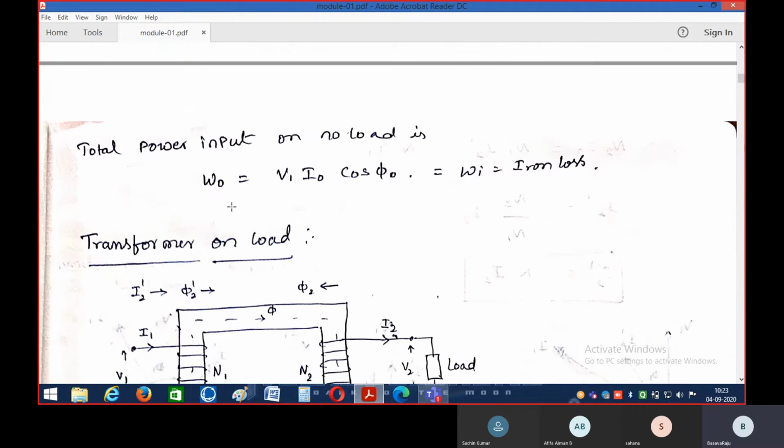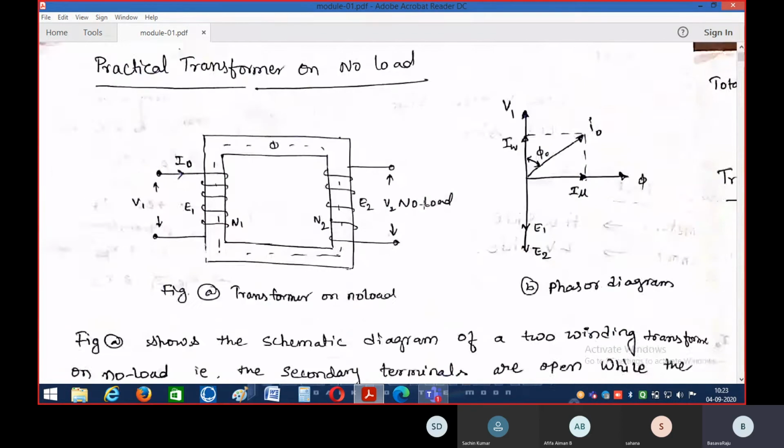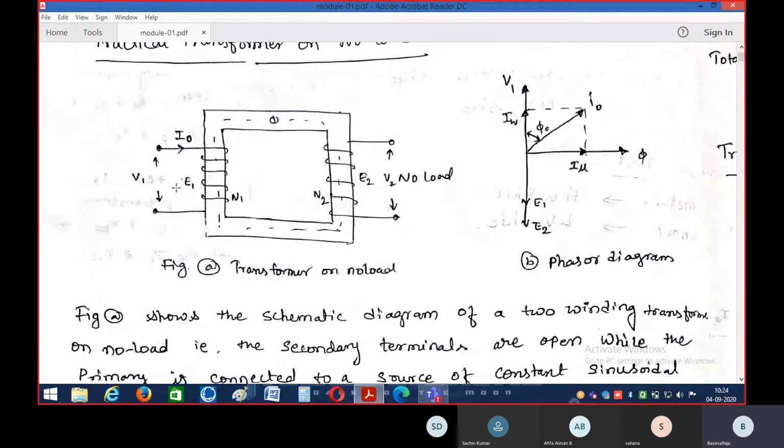Okay. And if you want to calculate the power input during this no load condition, it will be very clear from this diagram. I want to calculate the power input given to the transformer. This is equivalent to V1 into I naught into cos phi naught, since in an AC circuit the power is calculated by VI cos phi.